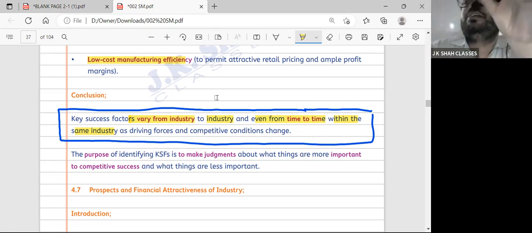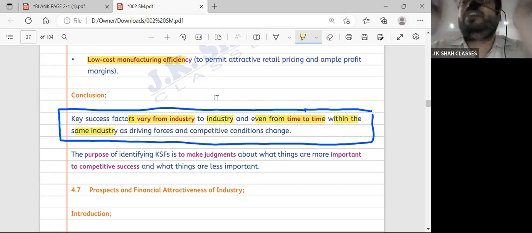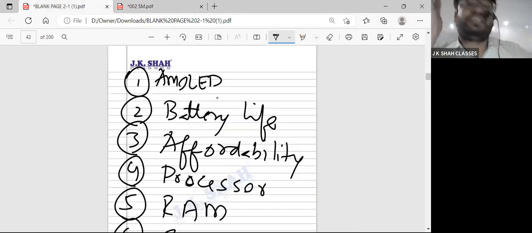See, key success factors vary from industry to industry. Vary means different, so KSF will be different from one industry to another. It will not be the same. Whatever we wrote here is KSF specifically for the mobile manufacturing business.